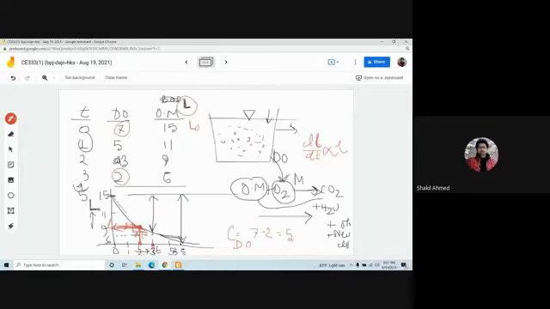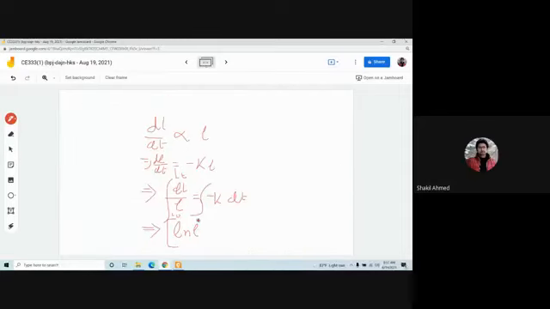What is Lt? L at any time. Okay, it can be at 3, it can be at 2, equals to, for time 0 to t. When time t equals 0, L equals what, guys? L0. When time t equals t, L equals Lt. Clear? So L0 to Lt, 0 to t.